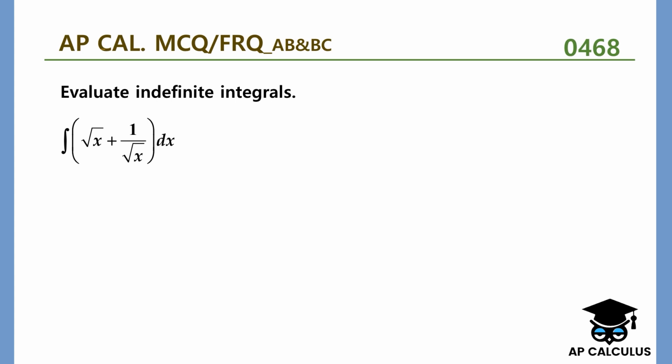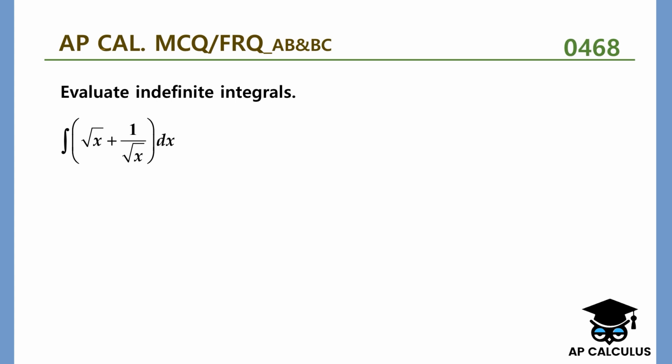Question 468. We have 2 separate terms right here, and both of these terms have a square root. They're in radical form. If we have radical form in our integrand, then change that into exponent form first. That's the key.